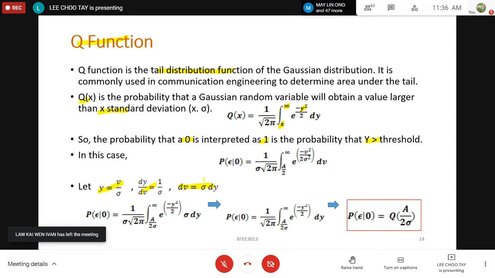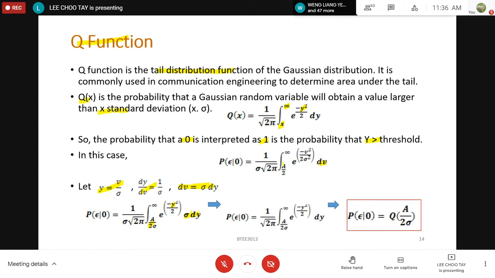Now I rewrite the equation for the probability of error. v over sigma squared now becomes y squared, and my dv now becomes sigma dy, which is this one over here. And now my limit, instead of A over 2, which is v, becomes A over 2 sigma, because y is equal to v over sigma.